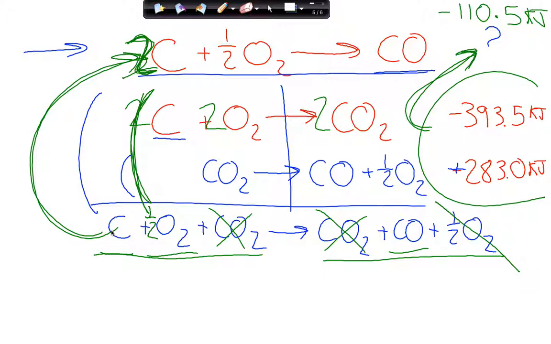We had an O2 here and half an O2 over there, so we subtracted half an O2 from both sides. Here it's gone, and here we're left with half an O2. Then the CO2 was here and the CO2 was there, so we subtracted that from both sides, and we're left with carbon, half an O2, and CO, which is our given reaction. For some reason, I thought you just canceled out the half O2, which also canceled out CO2.